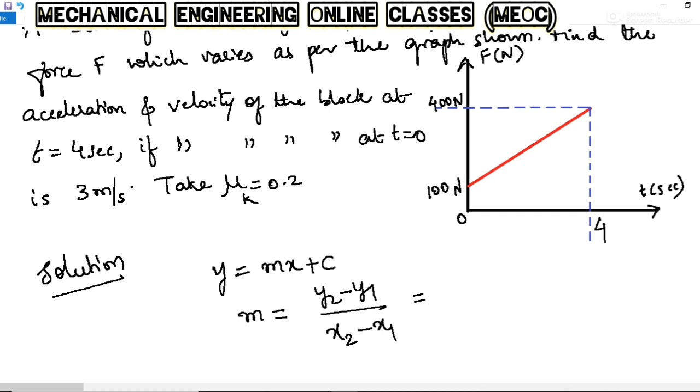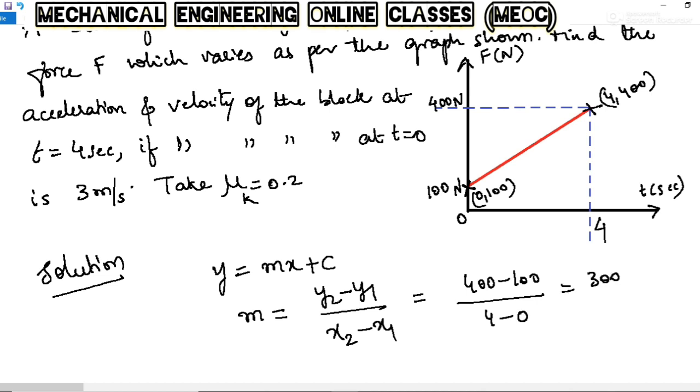One point of the line is 0, 100, the other point is 4, 400. So y2 minus y1 means 400 minus 100, divided by x2 minus x1, which is 4 minus 0. So this can be written as 300 by 4, which is nothing but 75.